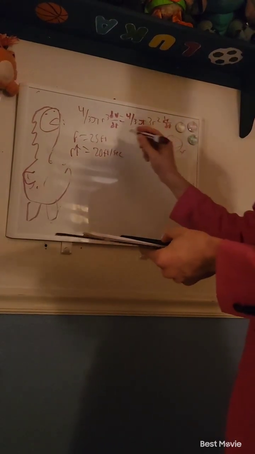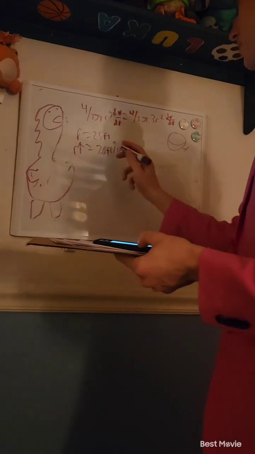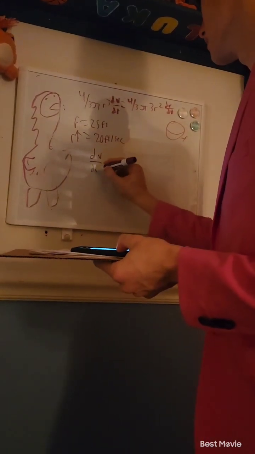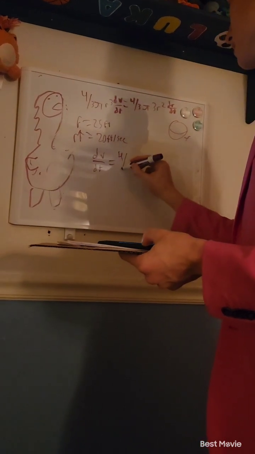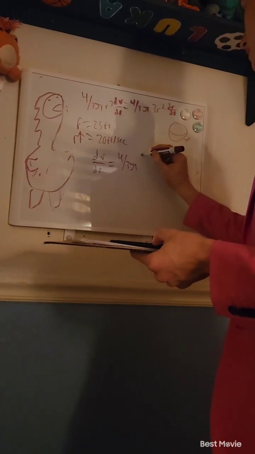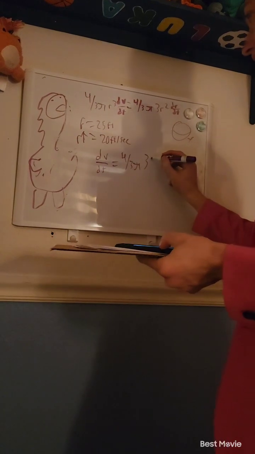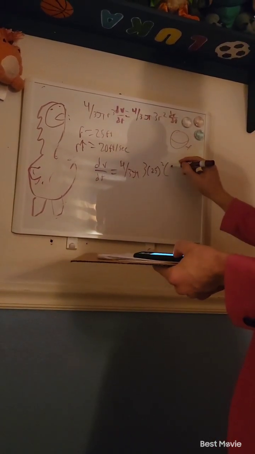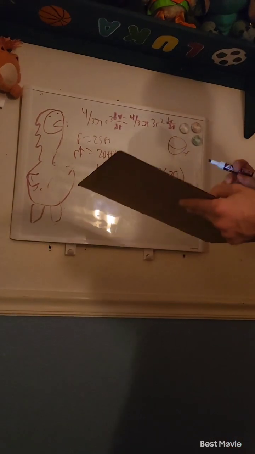So now we once again want to substitute our known values. We can write it again down here for more space: 4/3 pi 3. So our radius we know is 25, and we know the rate at which it is increasing is 20. Perfect.